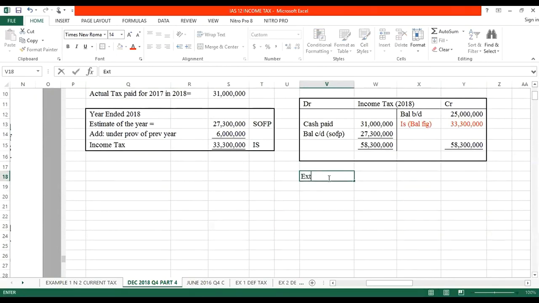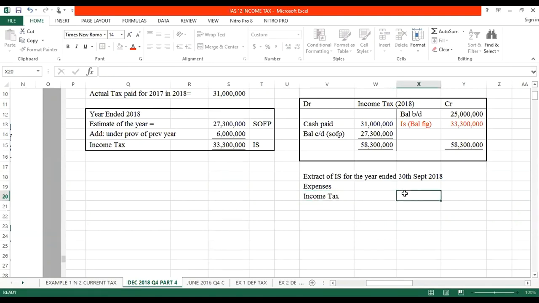So extract is just an extract of the income statement for the year ended 30th September 2018. And there are expenses in the income statement. So you just write income tax, which is an expense. You take this amount to the income statement. That is the extract of the income statement.